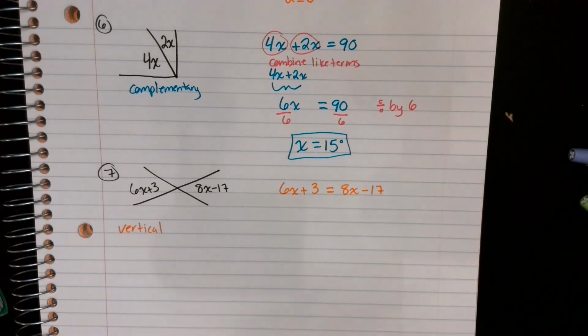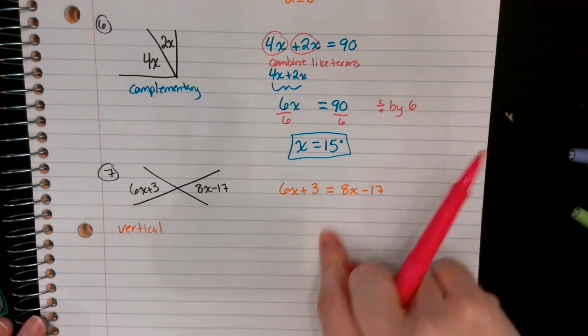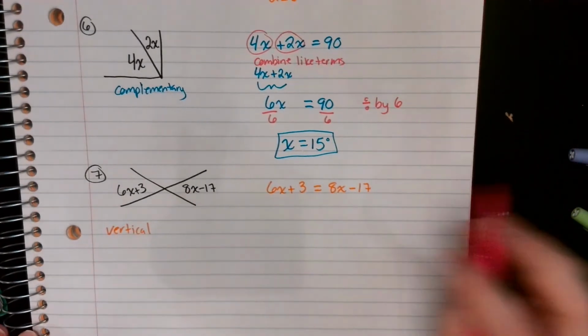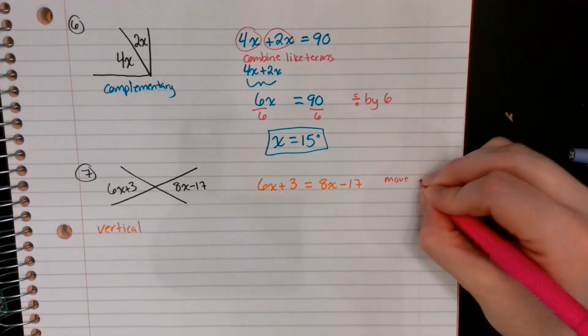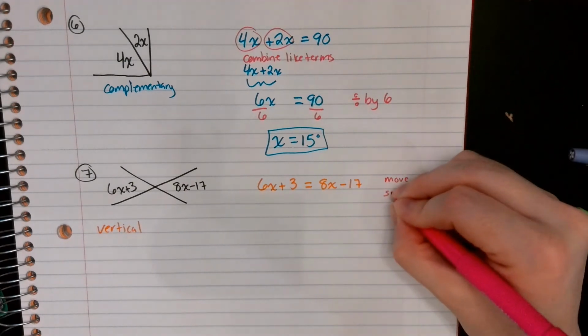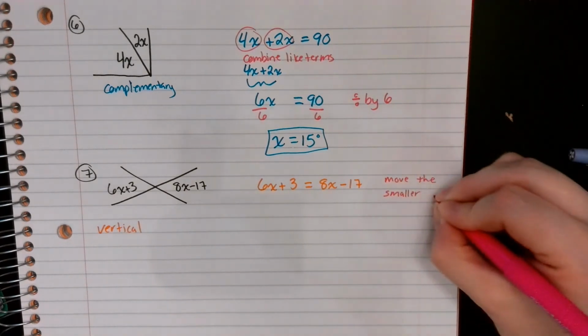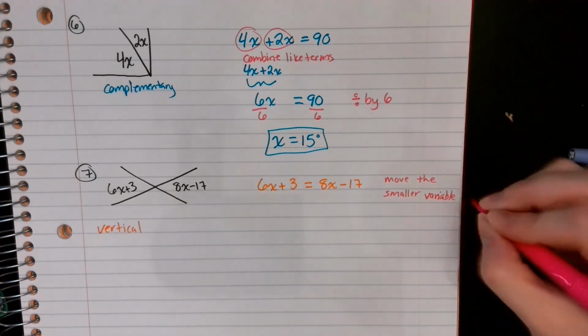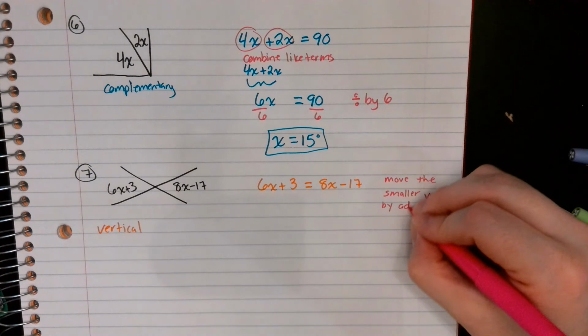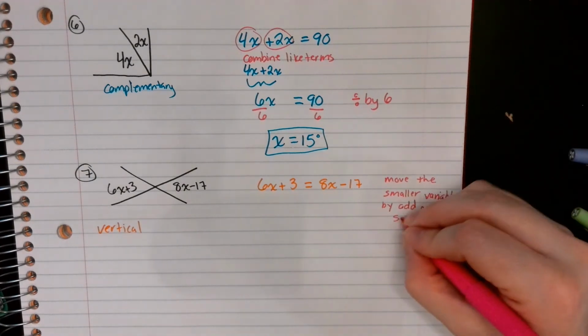So we talked about that. That was one of our last discussions on the equation unit, is how to solve if we've got variables on both sides. So when we have variables on both sides of the equal sign, we wanted to focus on the smaller variable. So we're going to move the smaller variable first, by addition or subtraction.